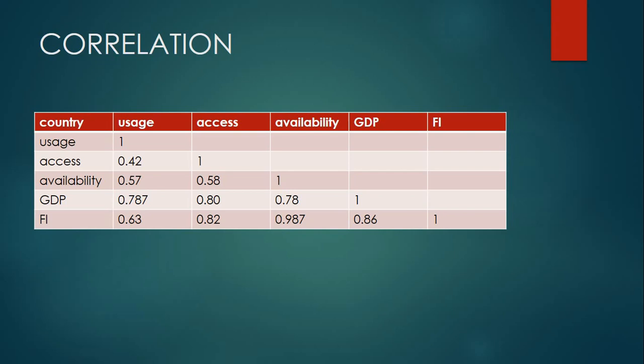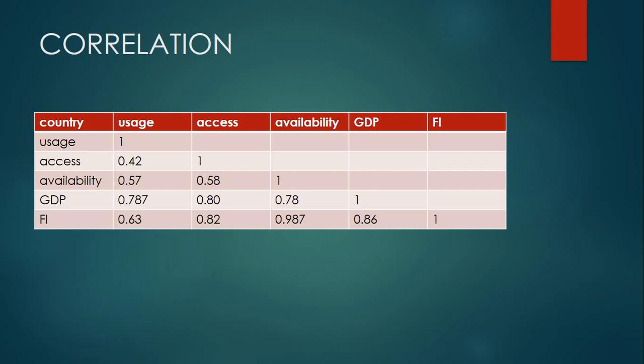Here you can see that the relationship between access and usage is 0.42, while the relationship between availability and usage is 0.57, and availability and access is 0.58. Similarly, the GDP and usage relationship is 0.787, which is the highest. Similarly, GDP's relationship with access is 0.80, and with availability is 0.78.